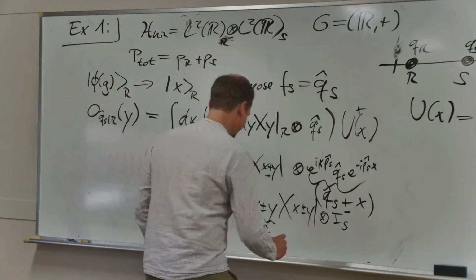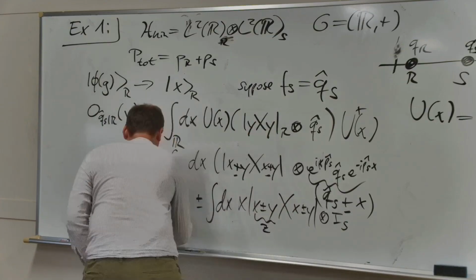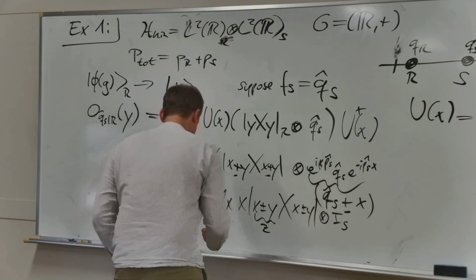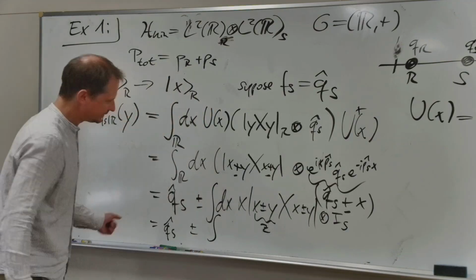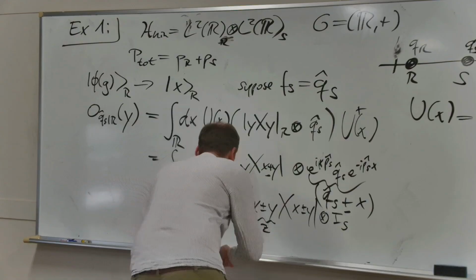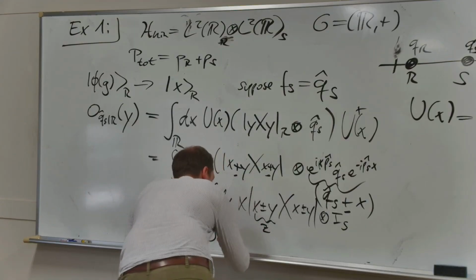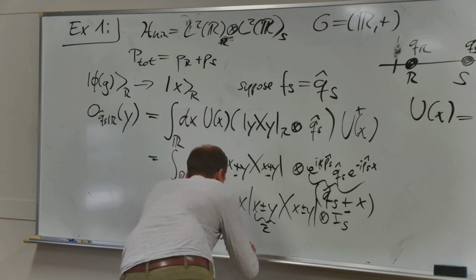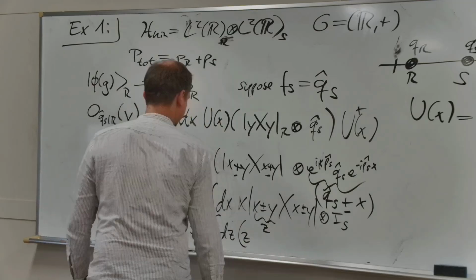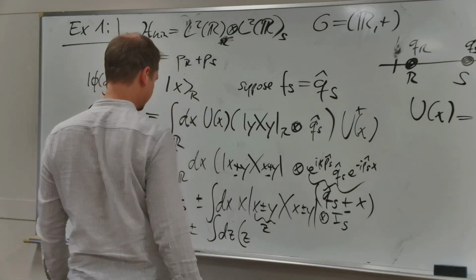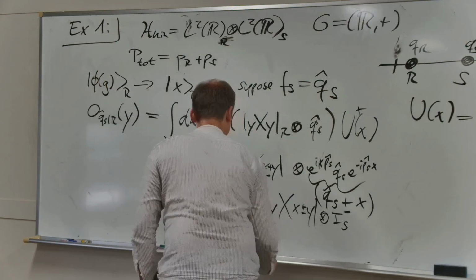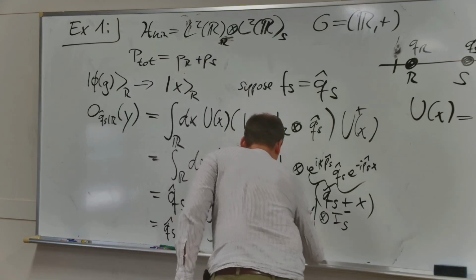So then I get QS plus minus. I'm probably going to correct the plus minus issue now with the end result because I know what the result should be. So then you can go dz, and then I have a z, and so that's minus plus Y z.